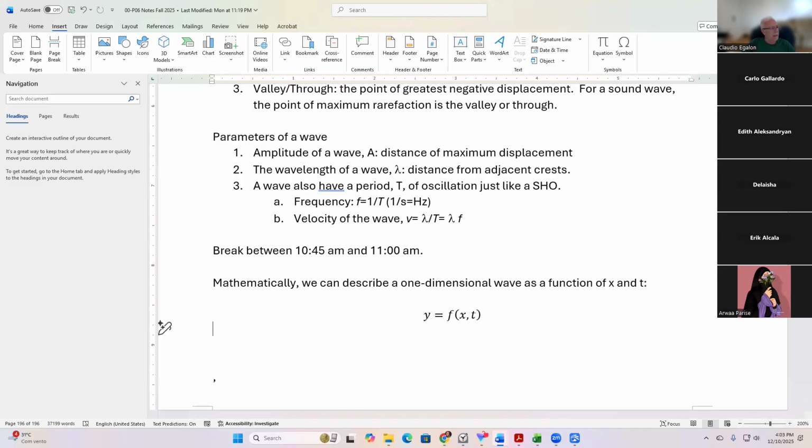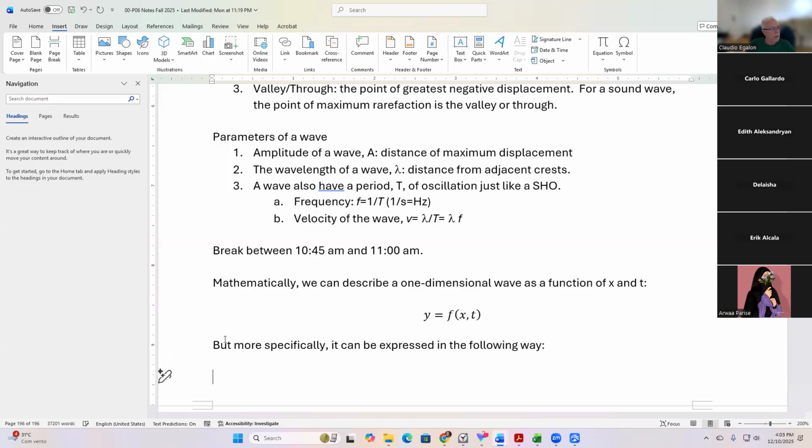But more specifically, it can be expressed in the following way. Either, one, as a forward propagating wave.